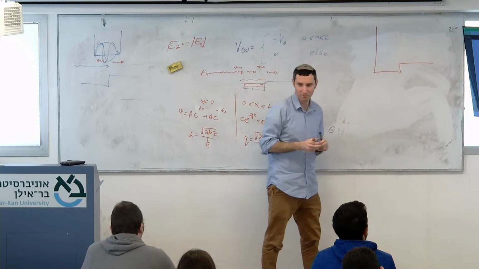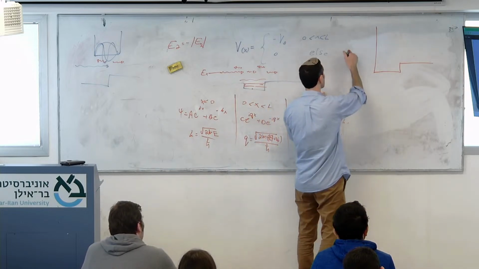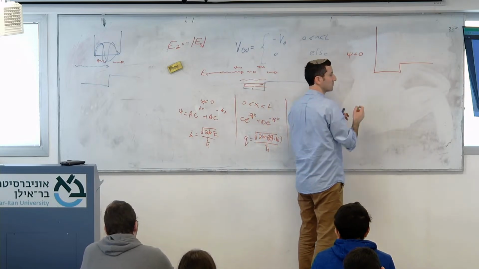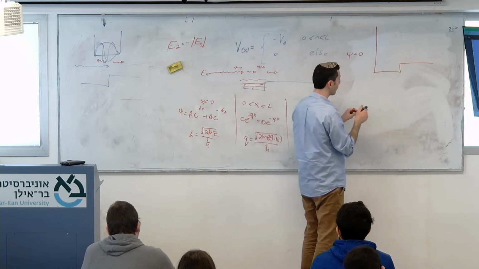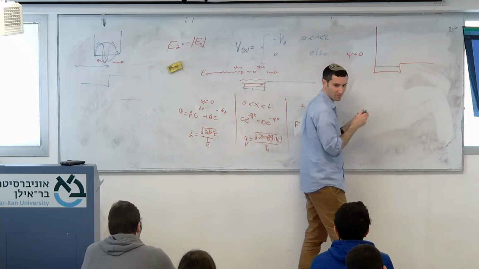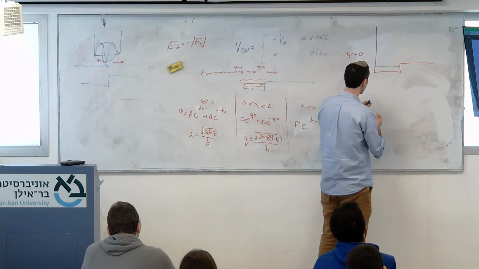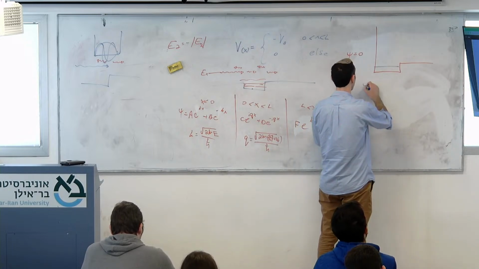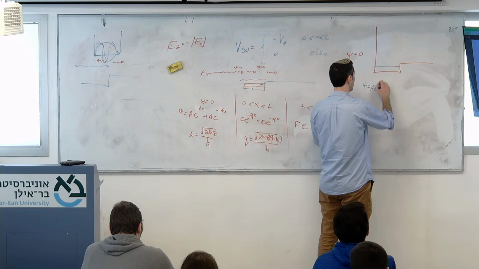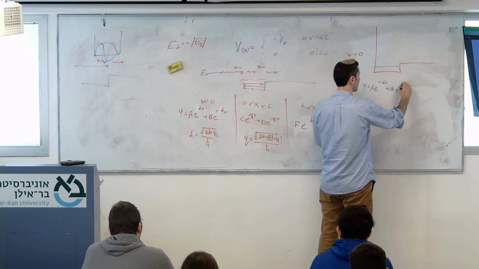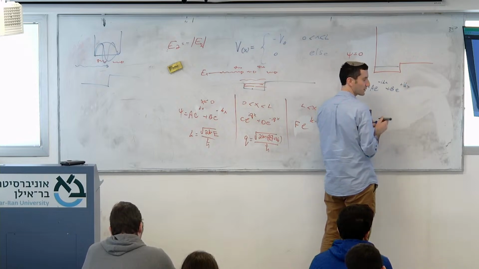This is the potential. Here it's infinite. Here psi is 0. I'm going to want to have an energy here. So here, psi would be A e to the minus ikx plus B e to the plus ikx, right?